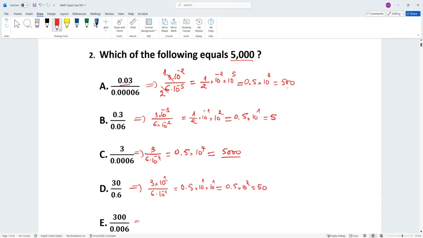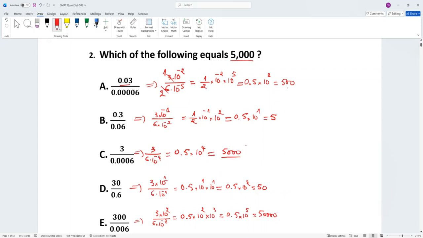And then the last one here gives us 3 times 10 to the power 2, 6 times 10 to the power minus 3, and this is 0.5 times 10 to the power 2 times 10 to the power 3, and this will be 0.5 times 10 to the power 5, which is 50,000.